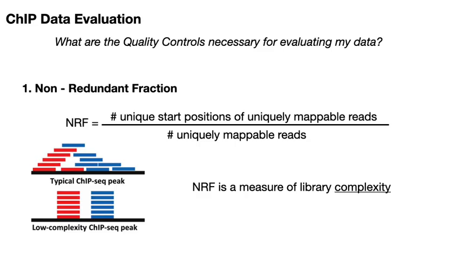This is the number of unique start positions of uniquely mappable reads over the total uniquely mappable reads. This is a measure of complexity. Am I getting reads that are all stacking on top of each other, which could be the product of over-amplification of a few actual regions? Or is my data actually reflecting this?